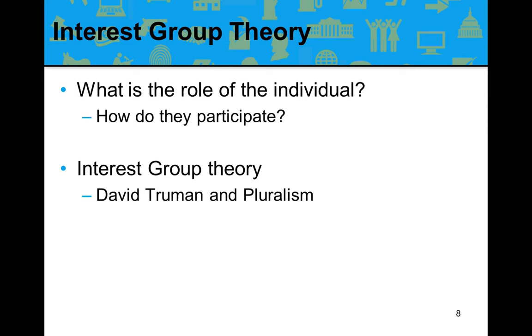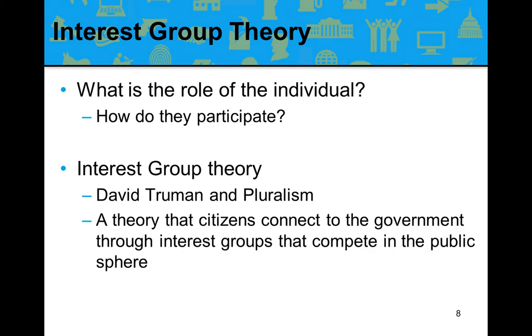And through pluralism, what you have is a bargaining and some sort of consensus or agreement to compromise in order to forge public opinion. So here it is, the idea that citizens connect to the government through interest groups and they compete in the public sphere. And so you will have different groups who form around a particular issue. So you have people who are pro-choice and you have people who are pro-life.